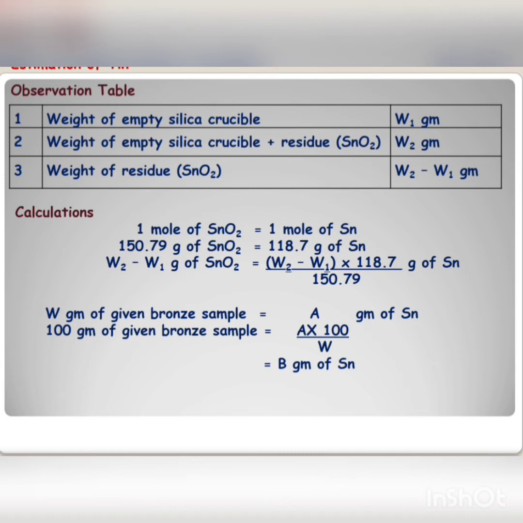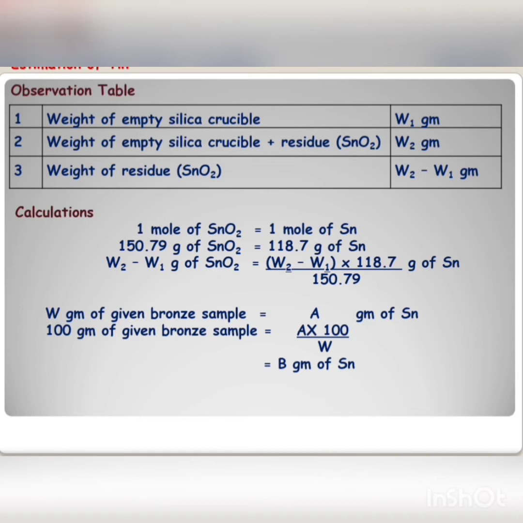Therefore 150.79 gram of SnO2, which is the molecular weight of SnO2, corresponds to 118.7 gram of tin, and therefore W2 minus W1 gram of SnO2 corresponds to how many grams of Sn. This will give you the weight of the tin present in W gram of bronze sample.